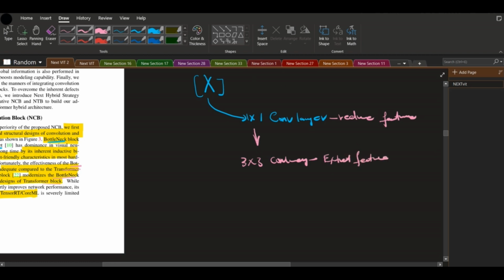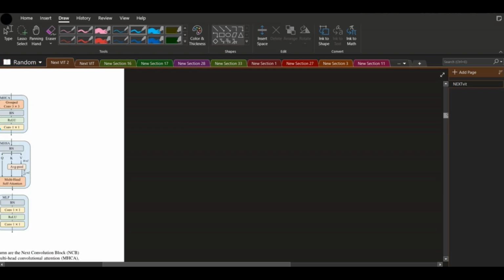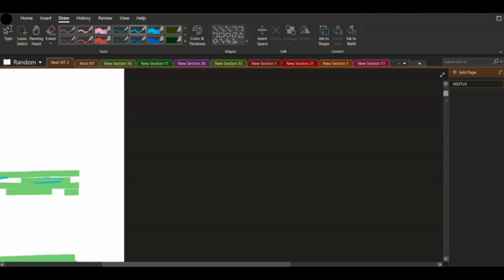Okay. Then the next step is to apply a 1 by 1 conv layer again. This one is actually going to increase the feature map, right? So we increase so that the dimension of this and the input feature are the same, because the last step essentially is going to be to match these two.